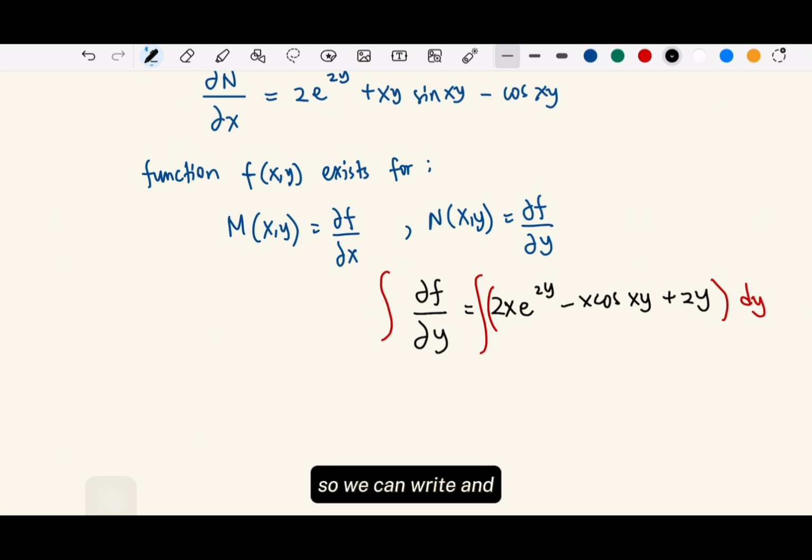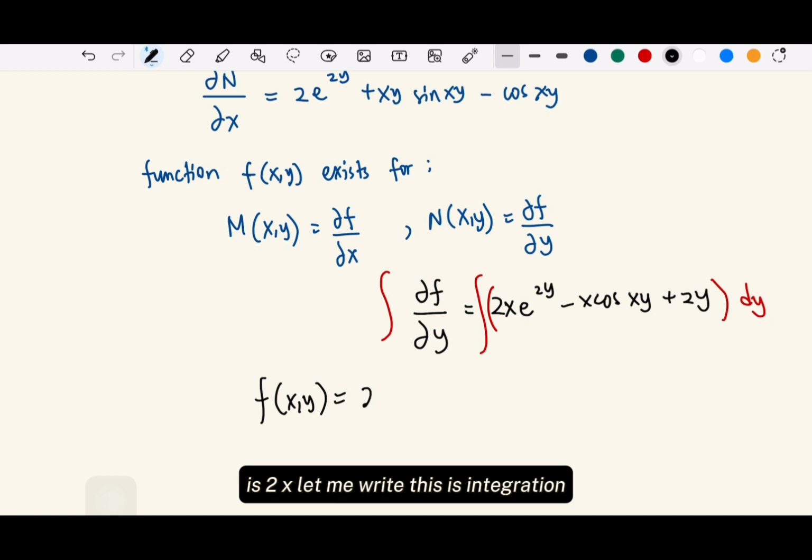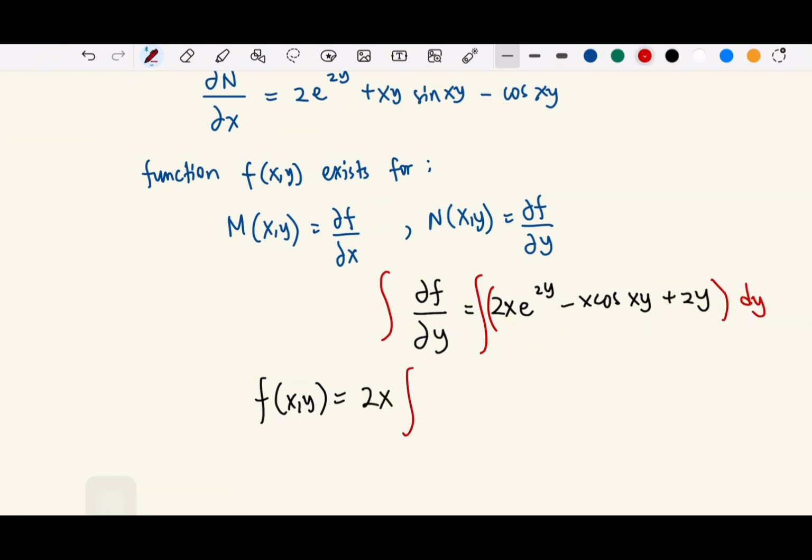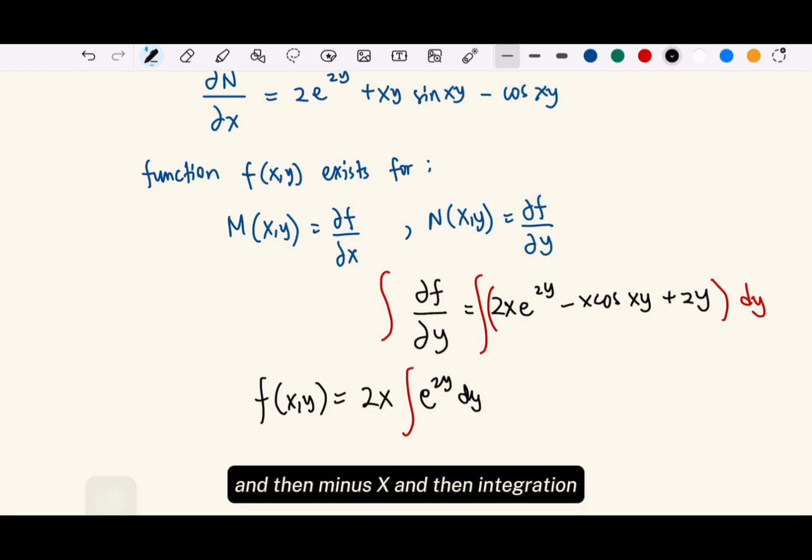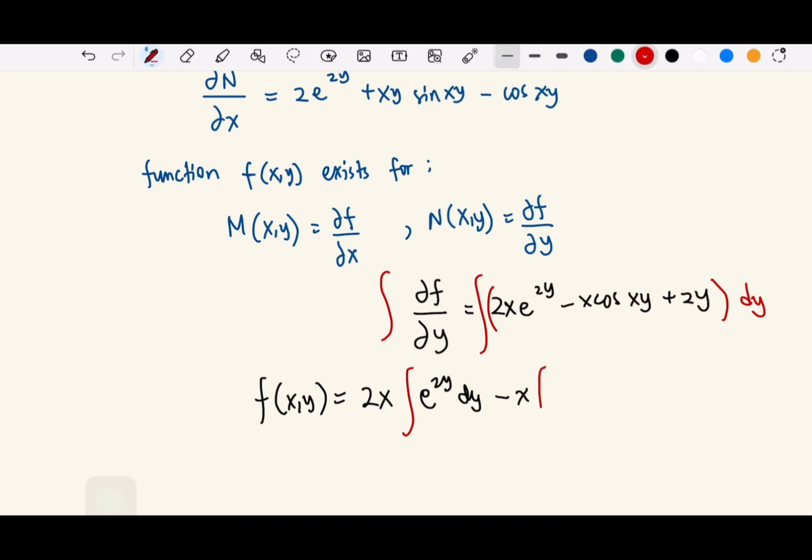So we can write f is 2x, let me write, this is integration, and then minus x, and then integration, and then plus 2y dy, okay?